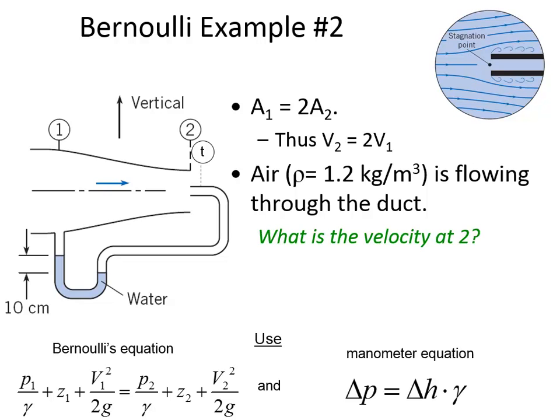Air pressure does change as you go up and down, but probably the pressure here at the opening is about the same as the pressure there. We don't know how far apart they are, but we're going to assume that everywhere inside of this tube the pressure is the same. That's a pretty good assumption. Air pressure doesn't change much as you go up and down because the density of air is so low.